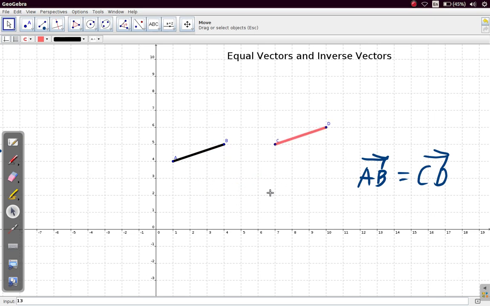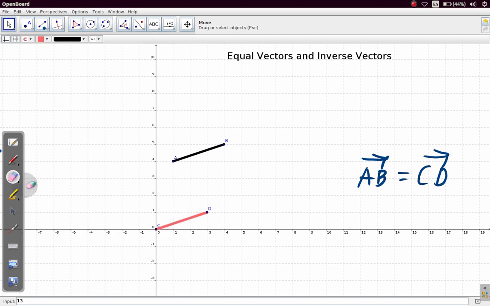Even if I put CD up here, they are equal. If I put CD here, they are equal. It doesn't matter where I put them. I could put CD starting at the origin. They are equal. As long as the directions are the same and they have the same magnitude, they are equal vectors. Alright?